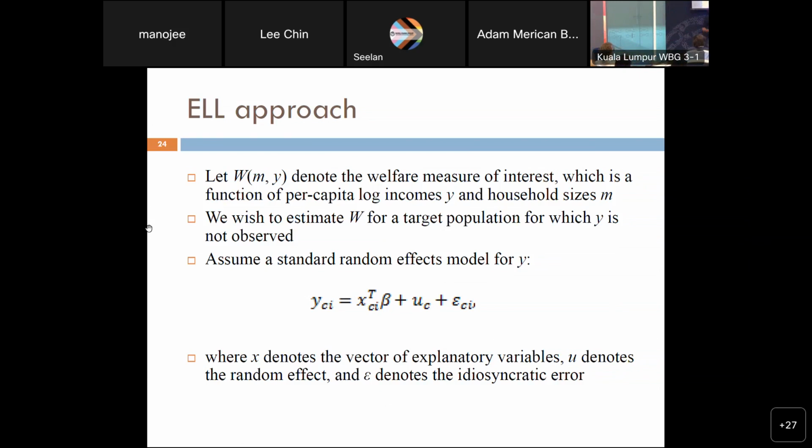But if the spatial structure takes on a different shape, you could consider a situation where this c might be even more granular, right? So most of the spatial structure might take place at a slightly more disaggregated level. You fit your model to the data, you impute, but then you end up only aggregating up to say the district level, even though the spatial structure was at say a level below the district. So there's flexibility there.